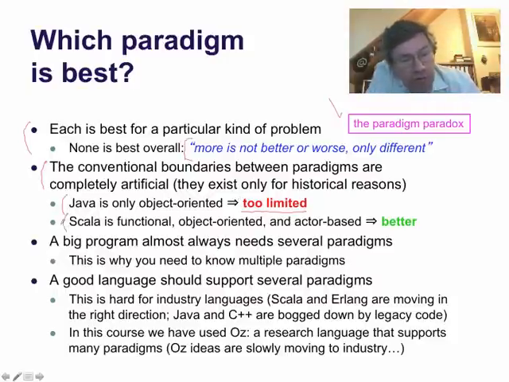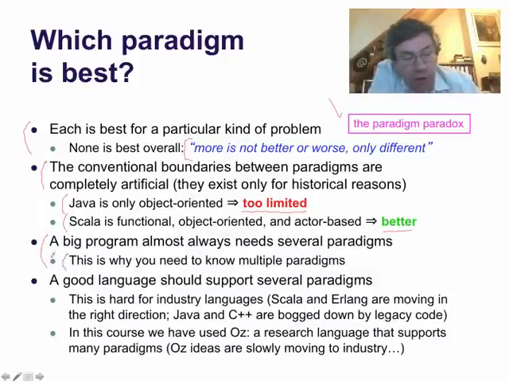So a more recent language like Scala combines several paradigms. It's functional, it's also object-oriented, and it's actor-based, using message passing for concurrency. So this is better. This means that Scala lets you pick the right concepts for the problem at hand, better than Java. So a big program almost always needs several paradigms.